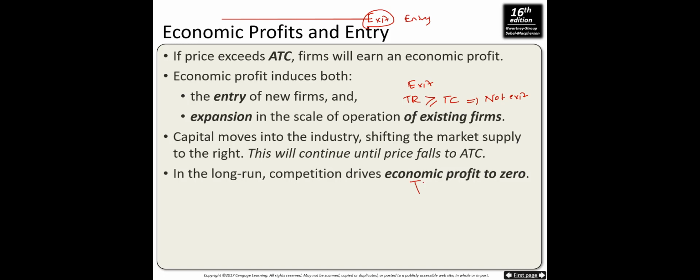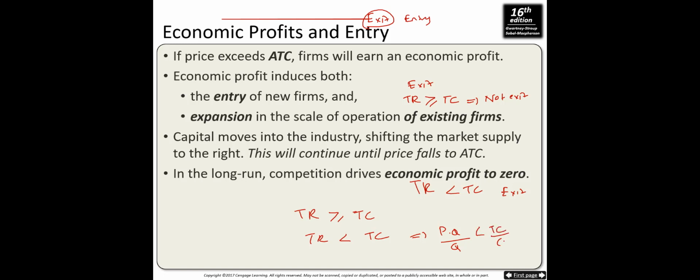But if your total revenue is less than total cost, then you should exit in the long run, because you are not making any profit for 10 years. There's no reason to continue with that business. This is one condition, not exit, and this is the exit condition. And we know that total revenue is P times Q, and we can divide this section by Q.